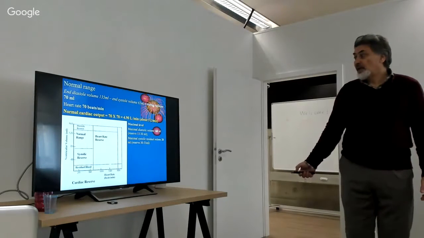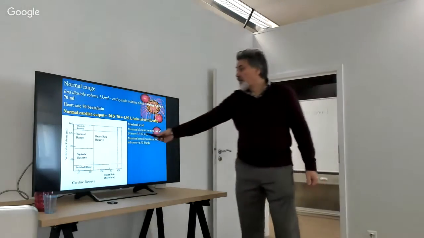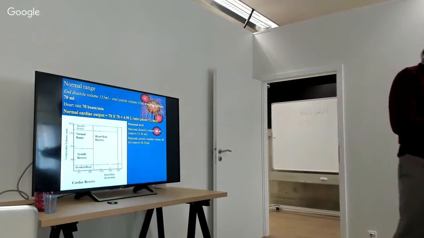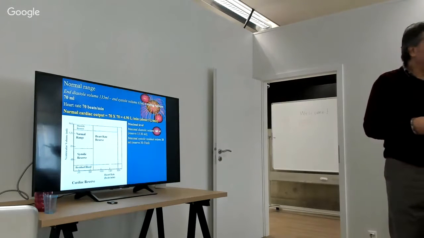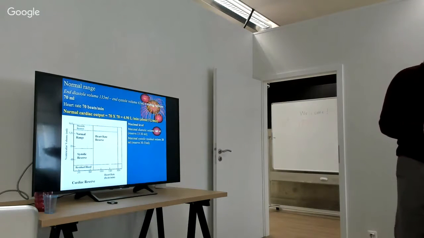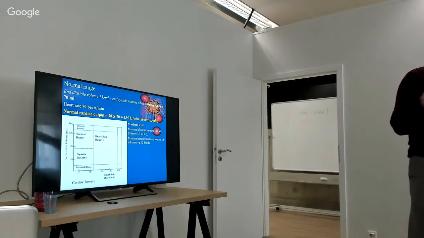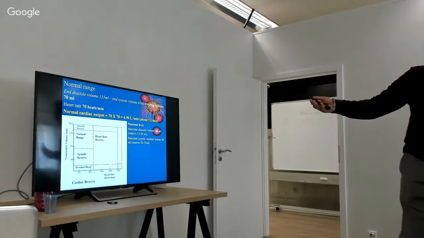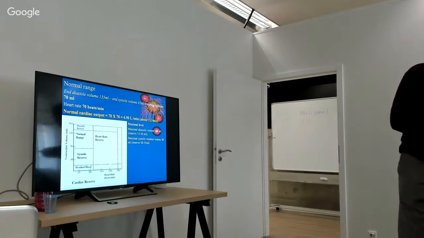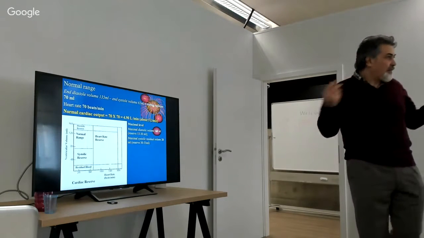But we can go to maximum diastolic volume, and so we have a reserve of 30 milliliters more that we can add to the diastolic volume. We can fill the heart with more volume. How much more than the usual volume? 30 milliliters more. So this is our reserve.